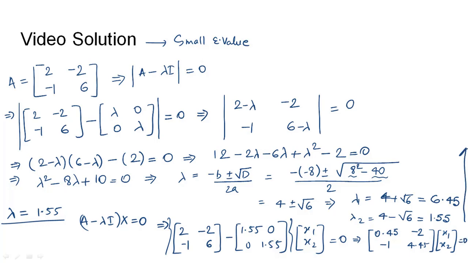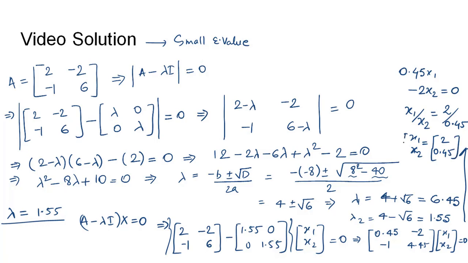Extending the solution here, if we take the first equation, it would give 0.45 times x1 minus 2 x2 equals 0. So we can get x1 over x2 as 2 by 0.45, so the eigenvector can be written as [2, 0.45].